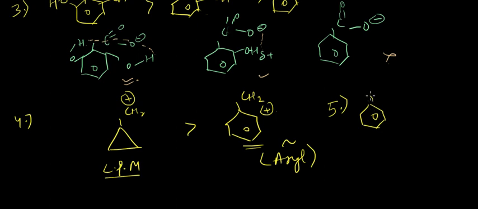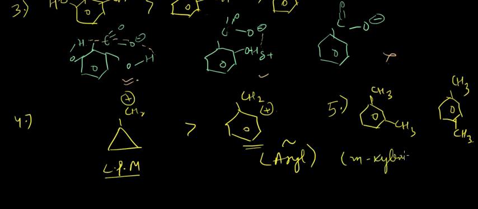We have CH3 here, and you need to compare the stability between these two compounds. So this is metaxylene and this is paraxylene. Remember, I told you that the stability of metaxylene is more than the stability of paraxylene, and it's a fact you should remember.